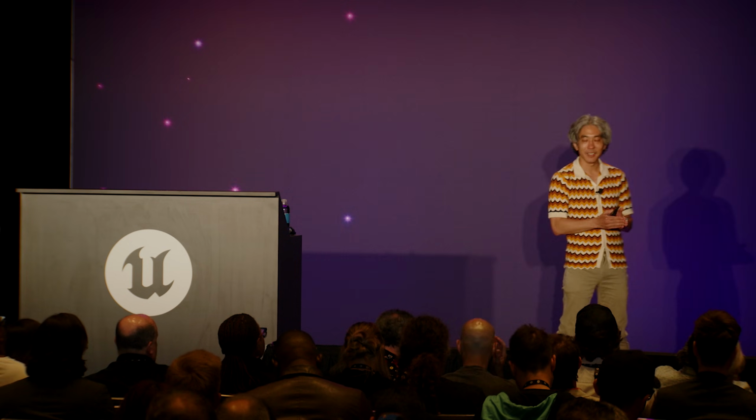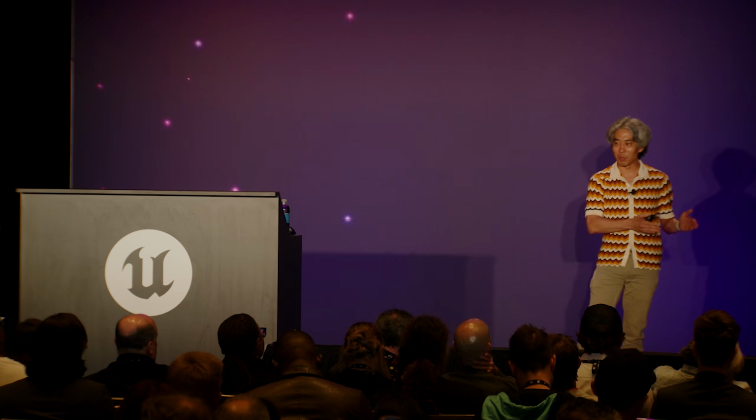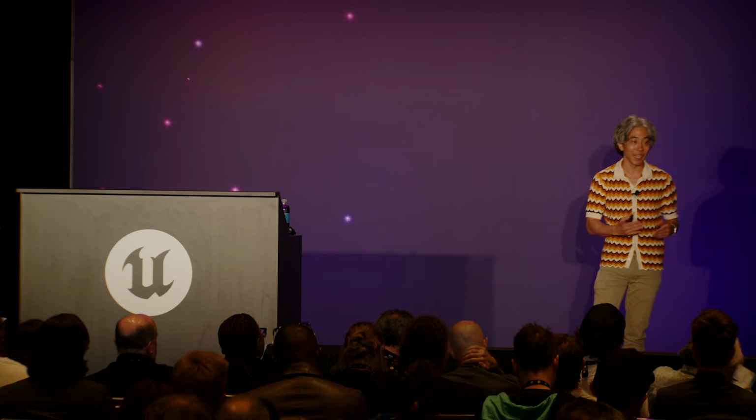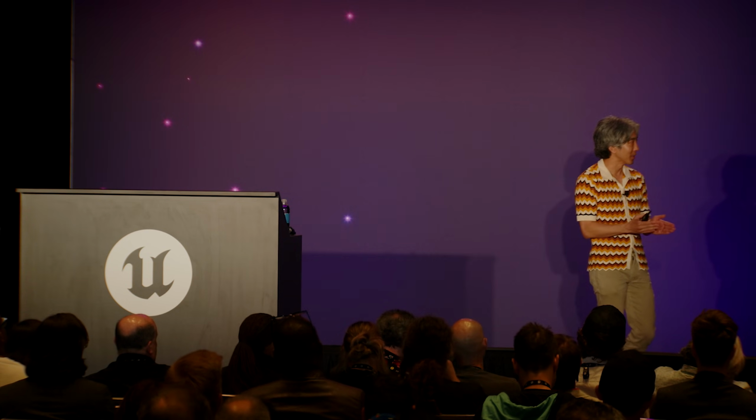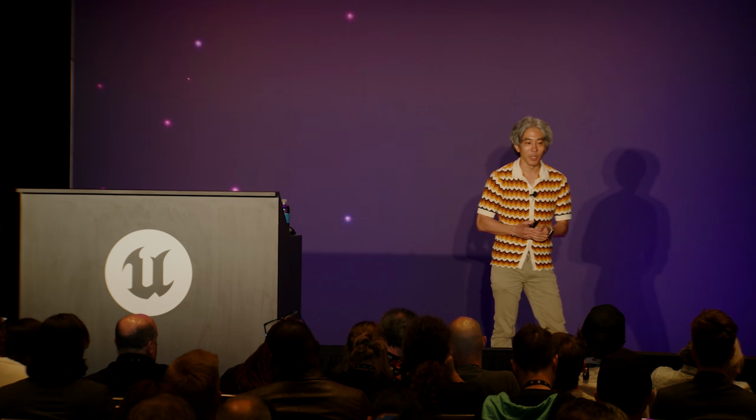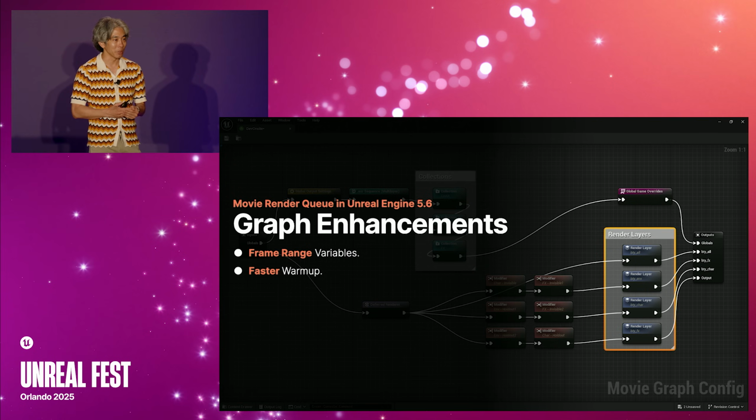So in practice, if you are using a lot of warm-up, which is going to be most people, I think, that should save you a lot of time, right? If you had a 100-frame shot and a 64-frame warm-up, then you'd be rendering 164 frames time-wise. This is going to bring that down pretty significantly, and the hope is that it just speeds up people's iteration time.